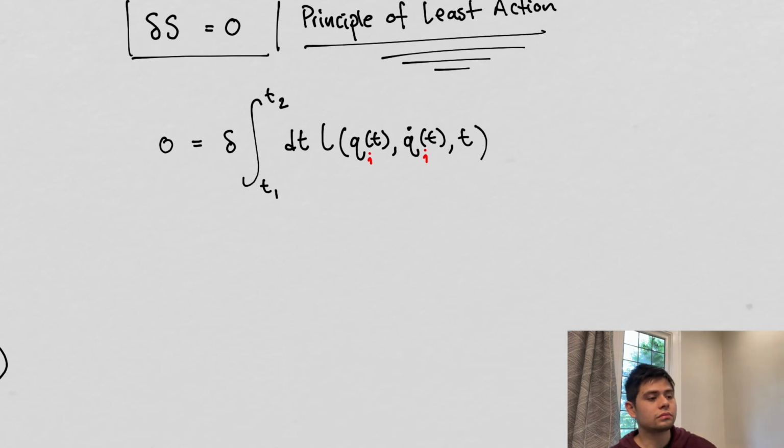Now, I realize that I'm already 20 minutes into this. I'm going to tell you straight up, deriving the Euler-Lagrange equations is not hard, not difficult at all, and you can find it in tons of places online and on YouTube.